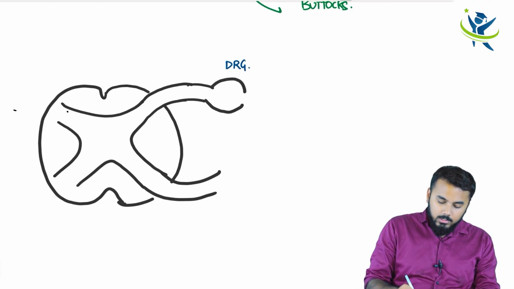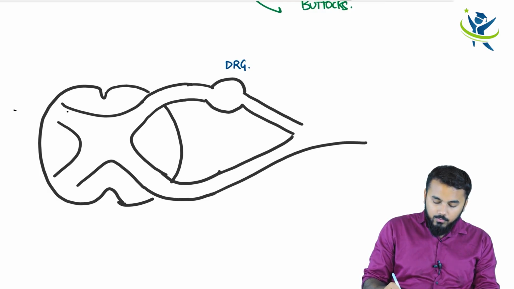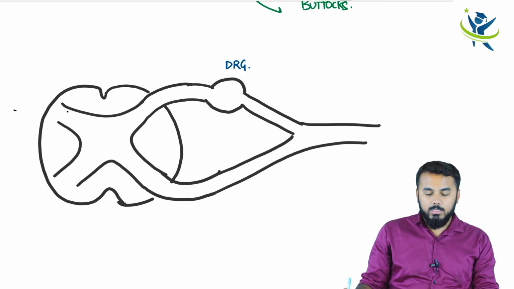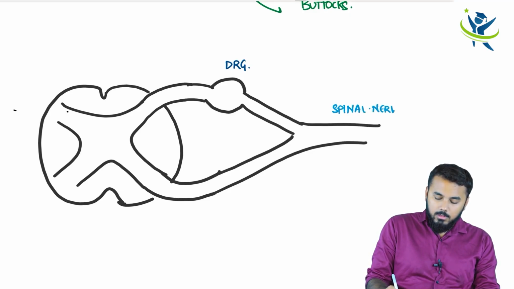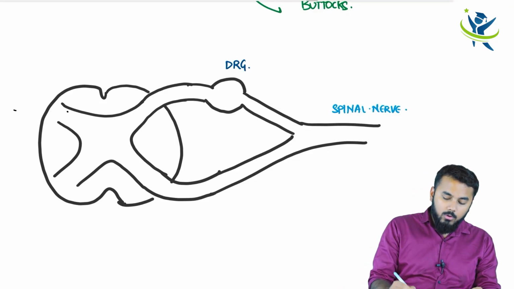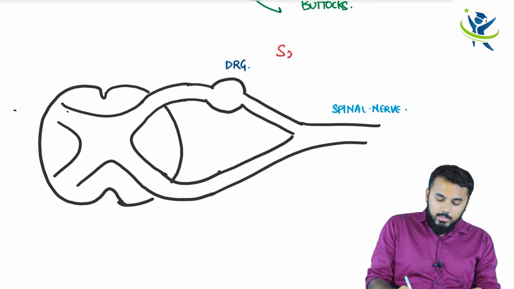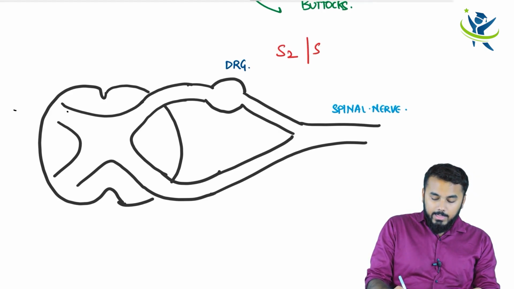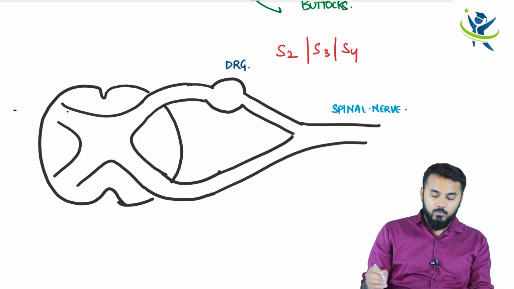Now obviously the dorsal roots and the ventral roots join together to form a spinal nerve. This is called your spinal nerve. So, the dorsal roots of S2, S3 and S4.